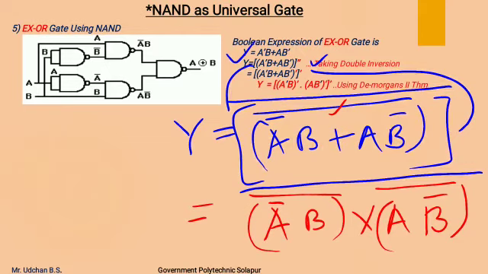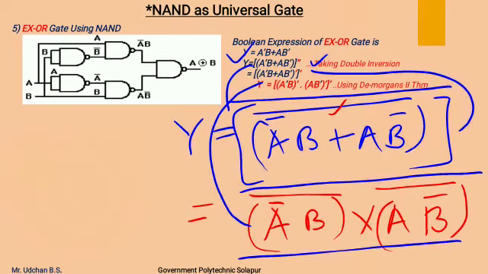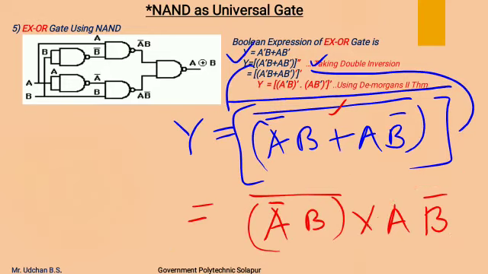This equation is written over here. In this, the OR operation is converted into AND operation. I will stop over here and draw the logic diagram for this expression, which will ultimately give you the expression of XOR gate.